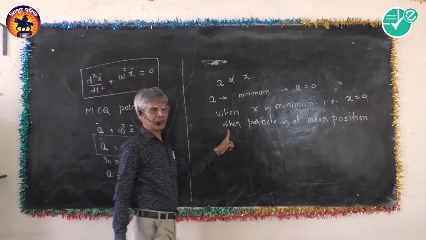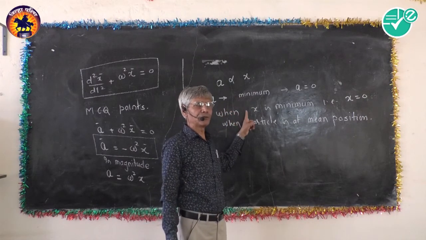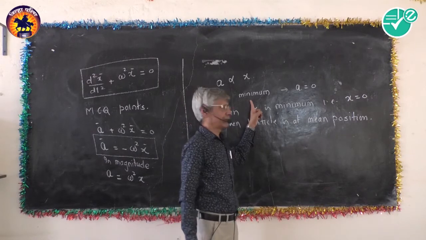So the linear acceleration of the particle performing SHM will be 0, its minimum value in magnitude, whenever the particle is at the mean position.